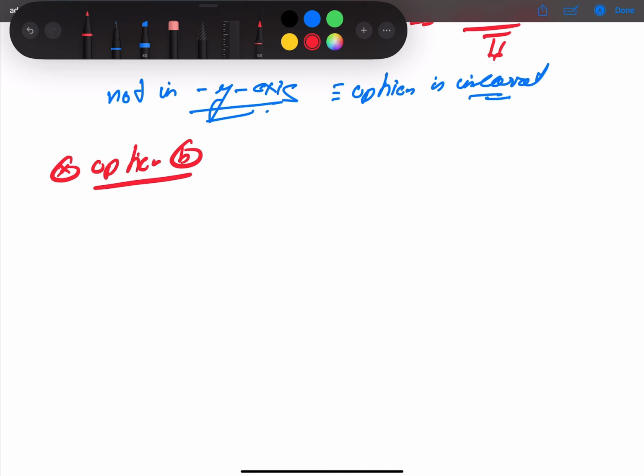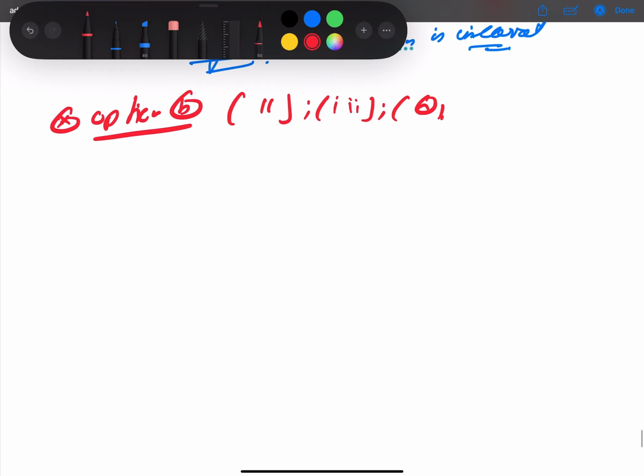Option B gives us that the second matches with the third, and the alphabet is Q. Now in this case the particle is an electron.